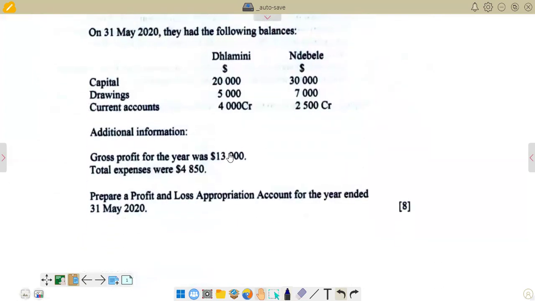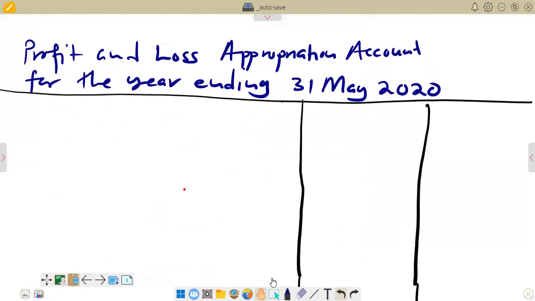You are told that gross profit for the year was $13,000 and total expenses were $4,850. Then the question part says: prepare a profit and loss appropriation account for the year ended 31 May 2020. Remember, in our profit and loss appropriation account, we start with the net profit. So the first item we are going to start with is the net profit.